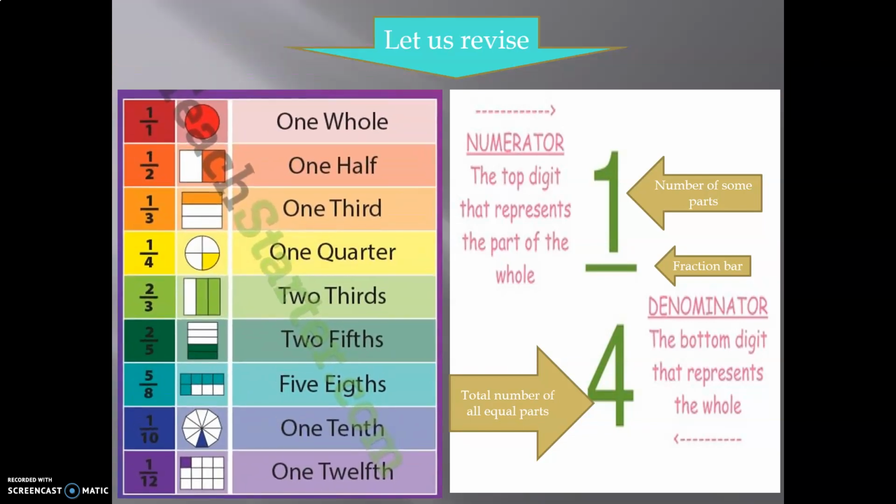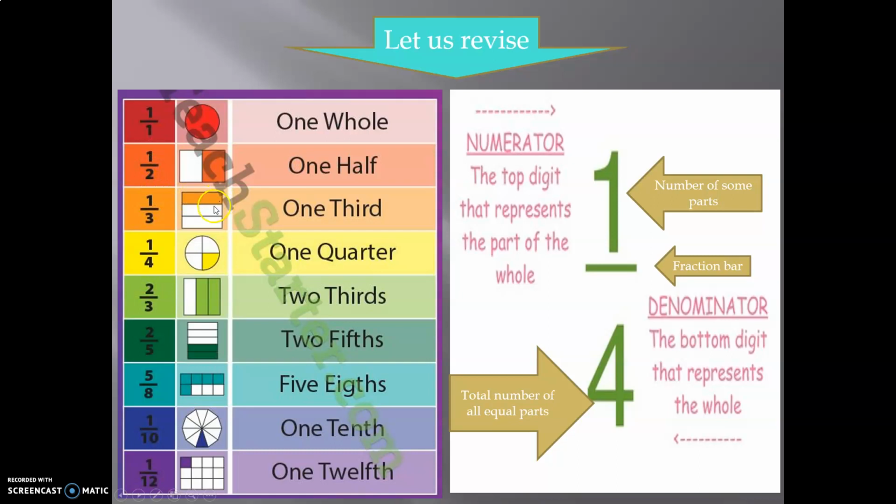Okay, let's see here. Don't forget that if you colored the whole shape, it means you finished 1 out of 1. It means you finished all the one whole. If you cut your shape in 2 equal parts and you colored only 1 part out of the 2 parts, it means you colored half, 1 out of 2.